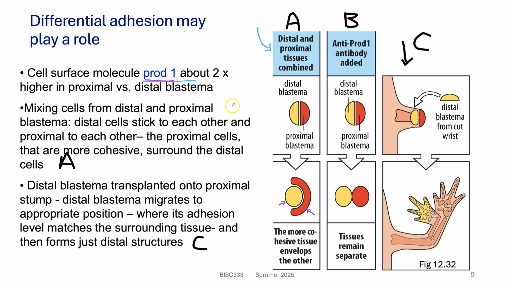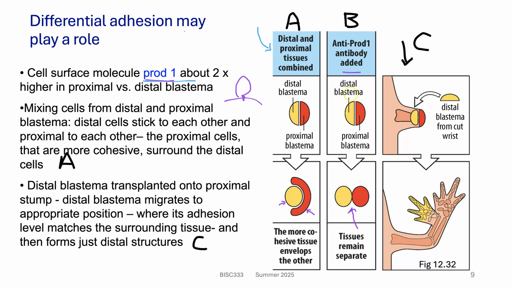PROD1 is a cell surface protein that gets anchored in the membrane through a glycosylation anchor molecule. So it's anchored in the membrane, so we know it's on the cell surface. And if you treat the cells with an anti-PROD1 antibody, then you get a disruption of the behavior. Okay.